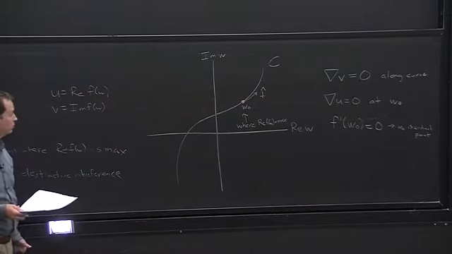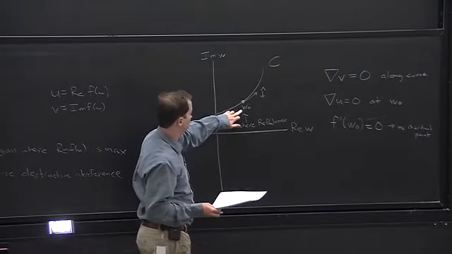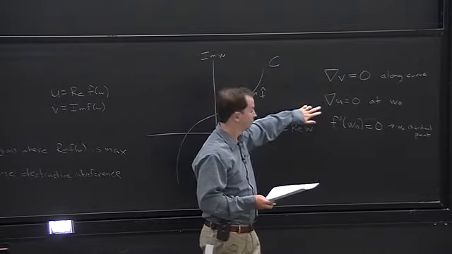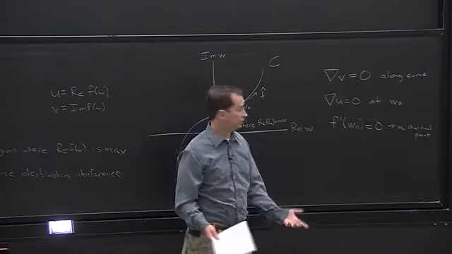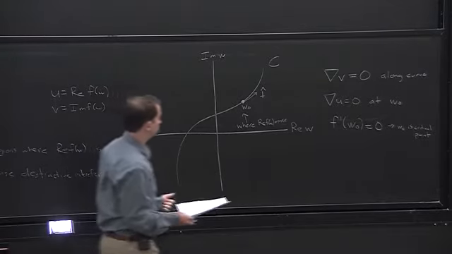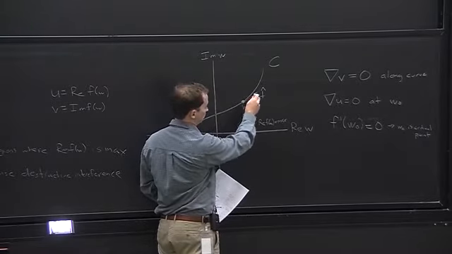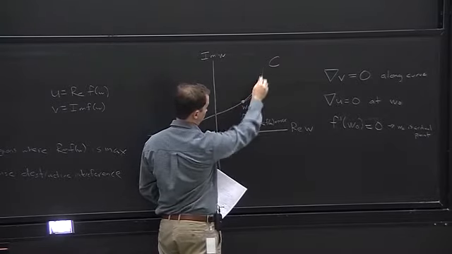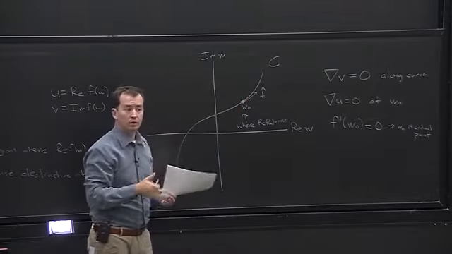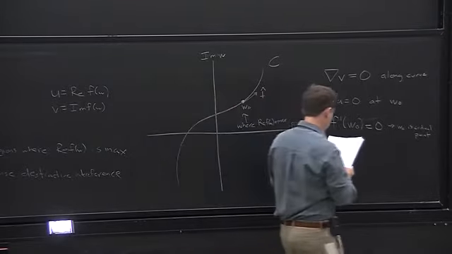And so we know that this point is a local maximum of the real part. The Cauchy-Riemann equations tell us that analytic functions have no local maxima. So that means that if the real part is decreasing along a curve, decreasing in the direction t and minus t, then the imaginary part has to be changing in the opposite directions. So there's no local maximum.